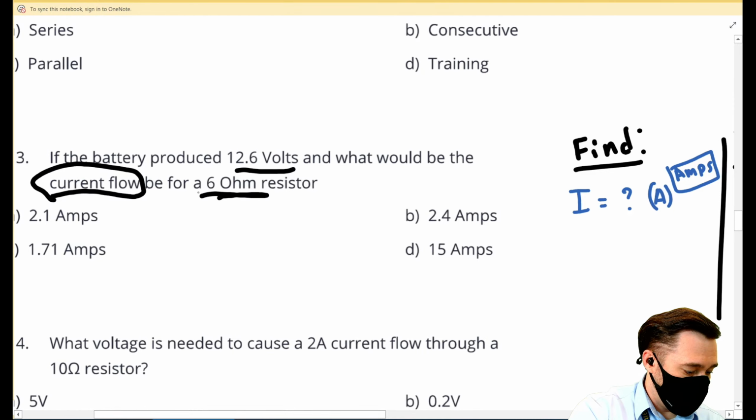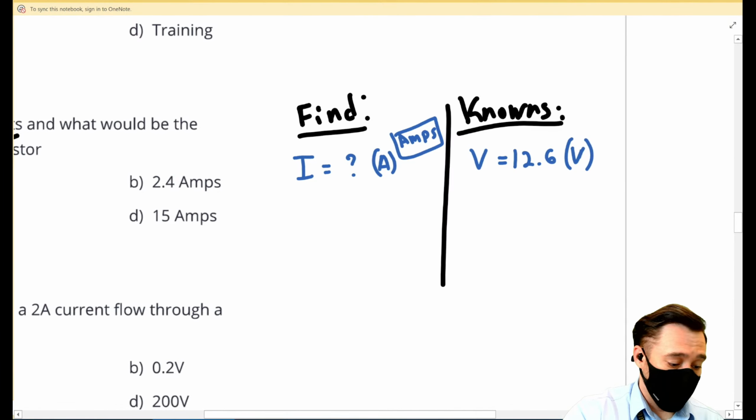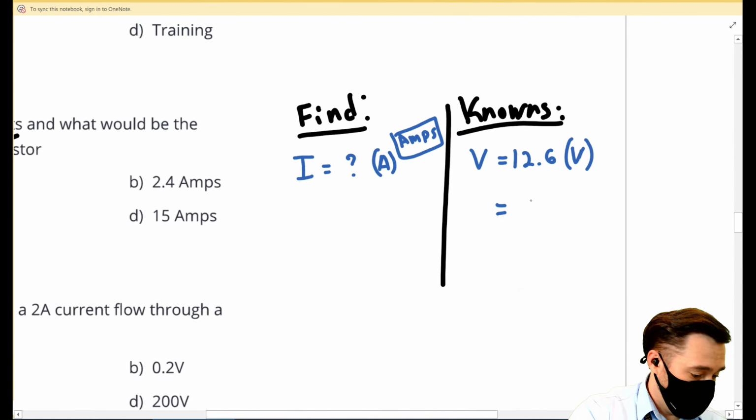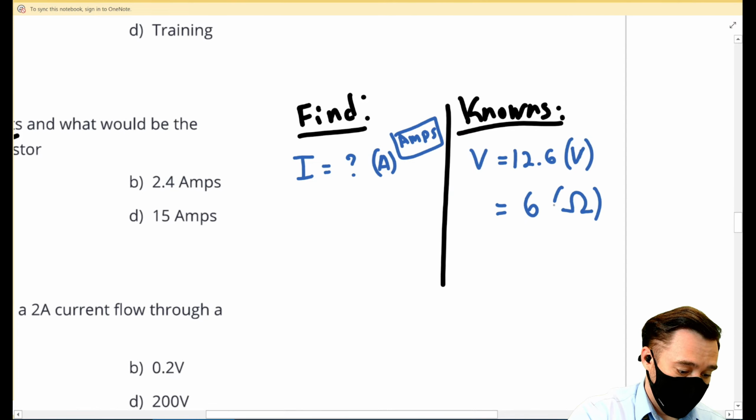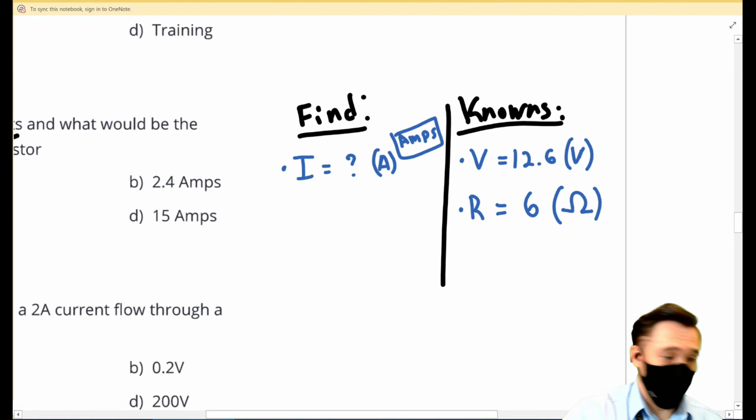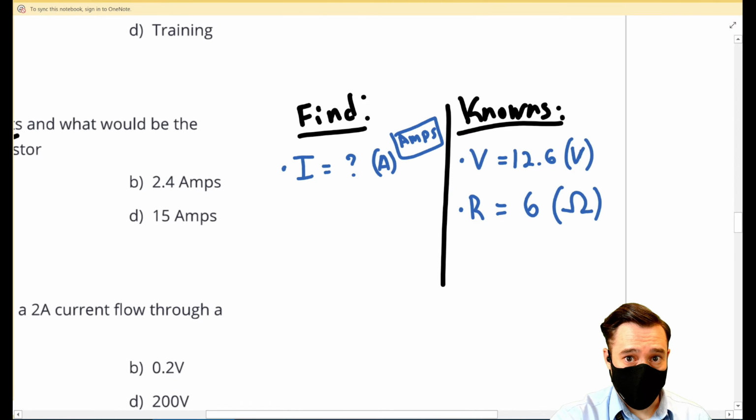And then 6 ohms. So ohms is the unit for resistance. So 6, and then the symbol for ohms is the Greek symbol omega. All right, and this is resistance. So we have 2 knowns, and we have 1 unknown. Are we tracking so far?